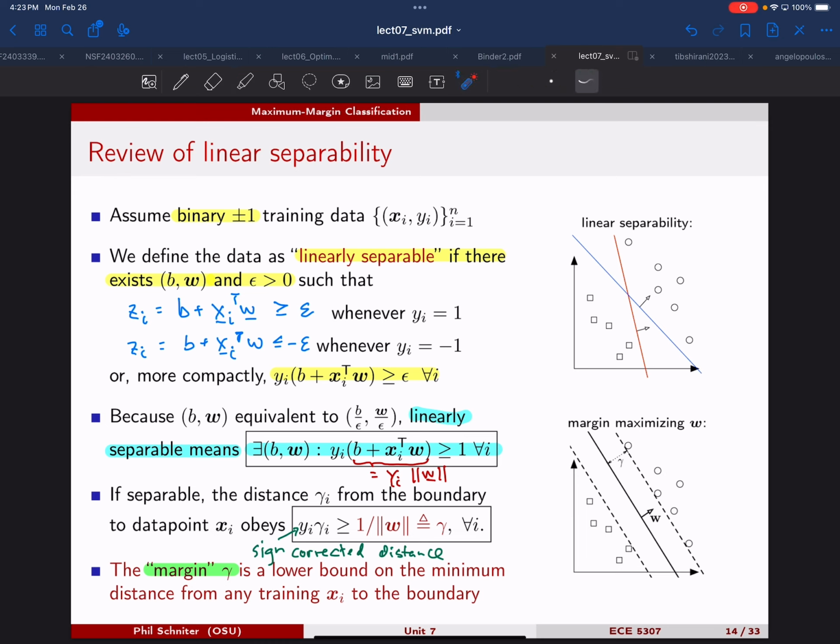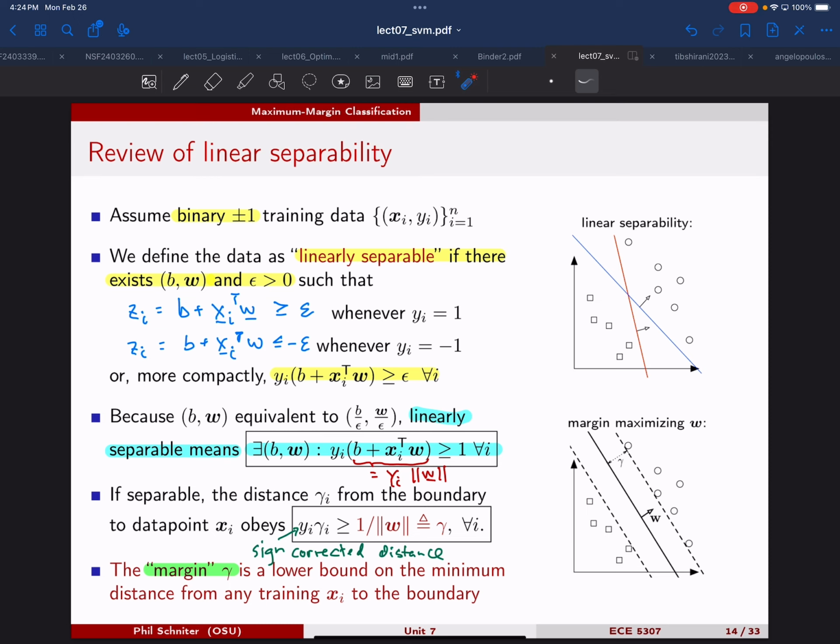So in this picture here, which hopefully helps to explain things, for the points on this side, we have these signed distances like this. For the points on this side, we have signed distances that have the opposite sign. But if we multiply them by yi, they all have the same sign.